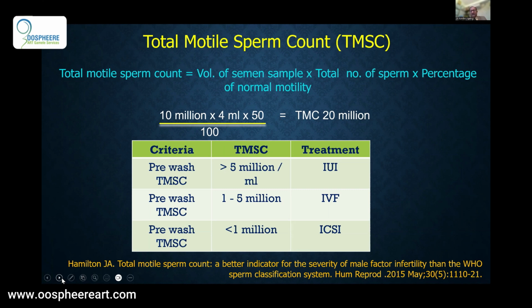Understand one thing: we are talking about grade 4 sperms, which are linear progressive sperms. They are the most important, because we know that the success of IUI is highest, or begins, when we are inseminating at least 10 million per ml of grade 4 sperms. So that is very important.